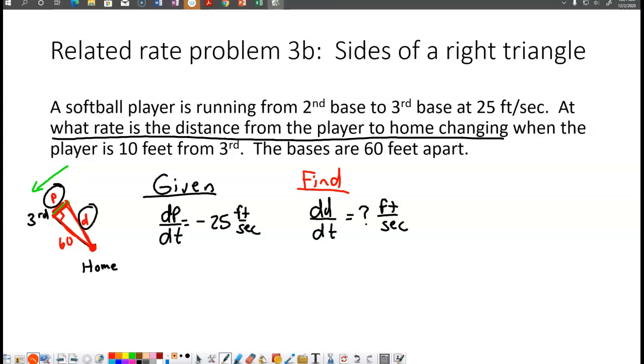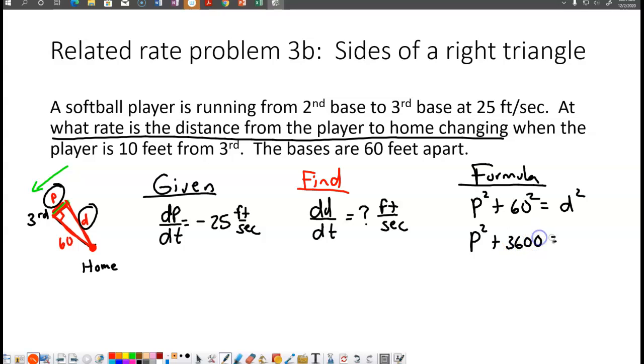All right. Next, I would want to find the formula that relates P and D. And once again, we're just going to use the Pythagorean theorem. So the Pythagorean theorem would be P squared plus 60 squared equals D squared. And we can simplify that to P squared plus 3600 equals D squared. Okay.